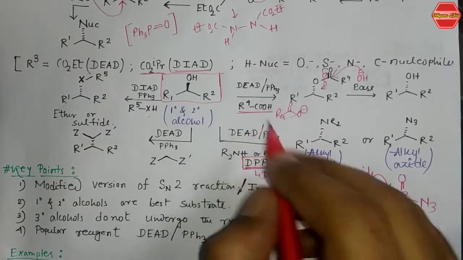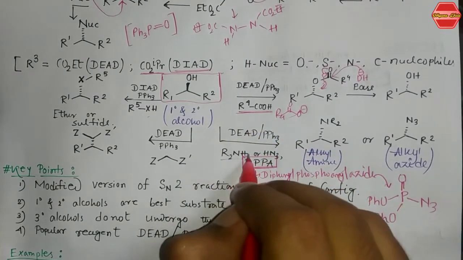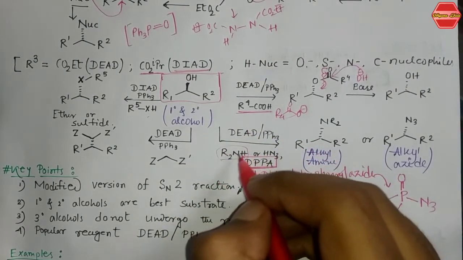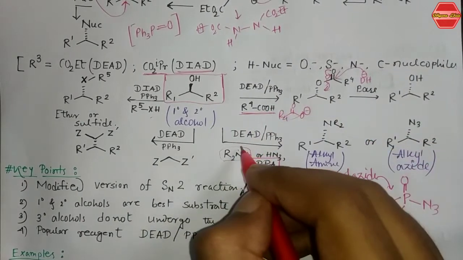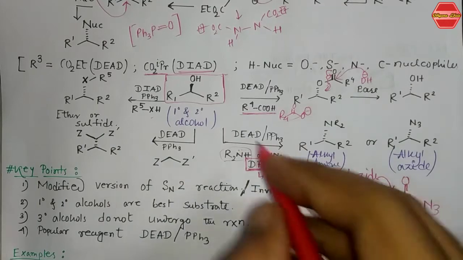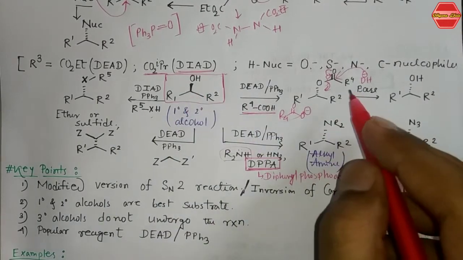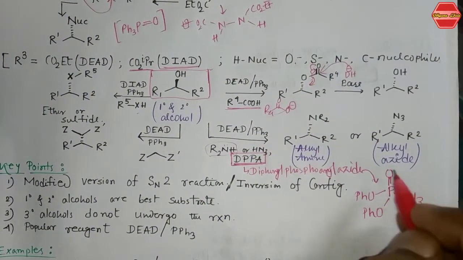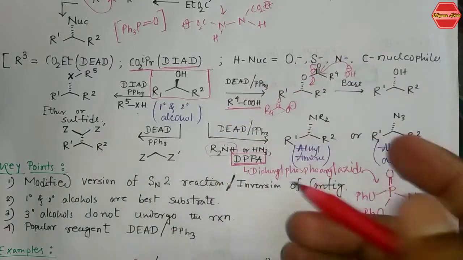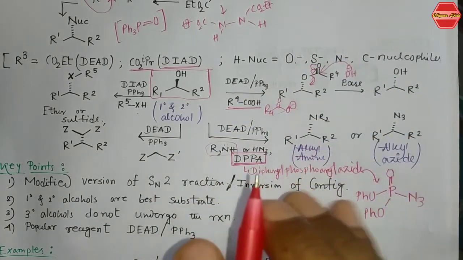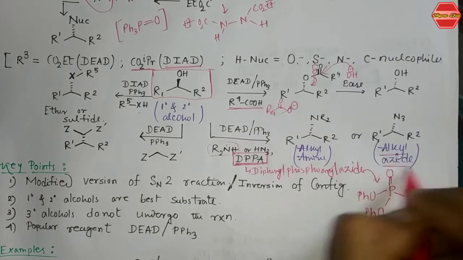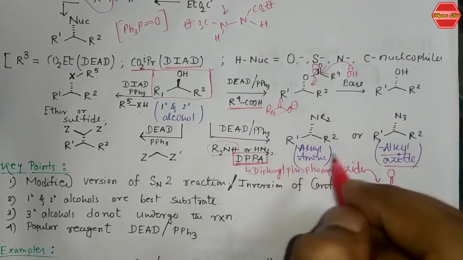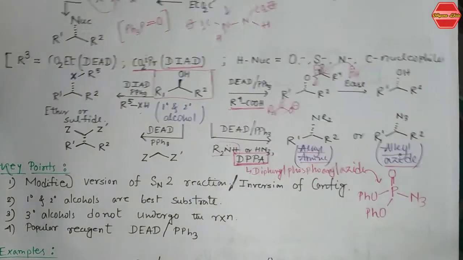Now when we are using this condition, first of all R2NH, you can see here this nitrogen, if this hydrogen is abstracted by this group, and the nitrogen nucleophile directly attacks over here, you are getting this product. Now when we are using HN3, this is basically the source of azide group. So this azide will attack over here, and you are getting this alkyl azide. And when you have the NR2, that is called alkyl amine.